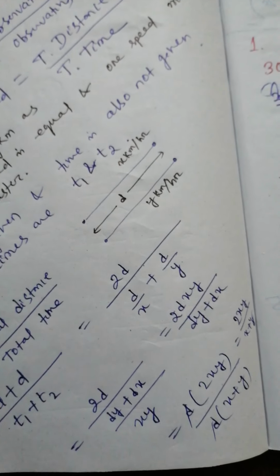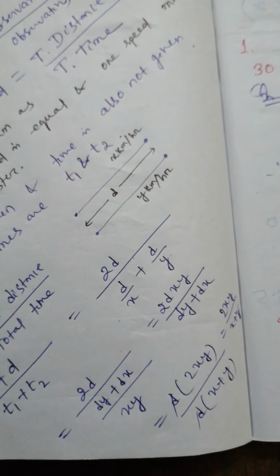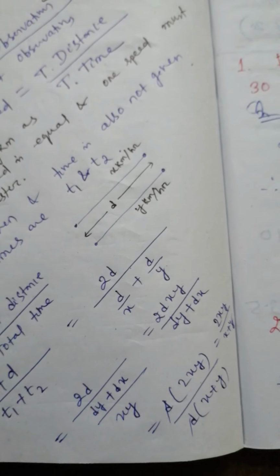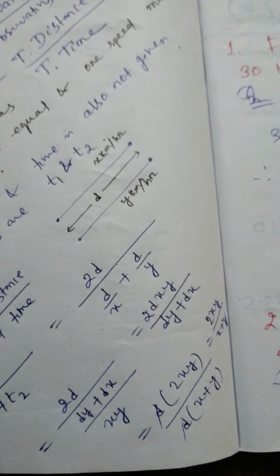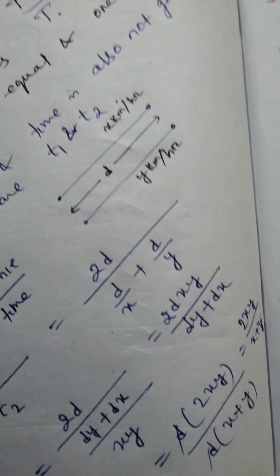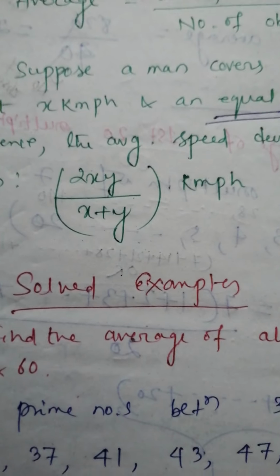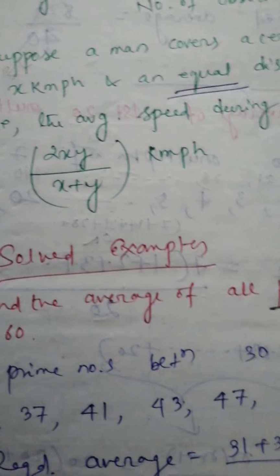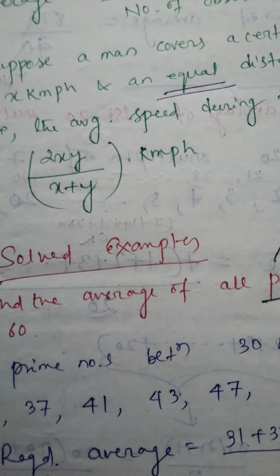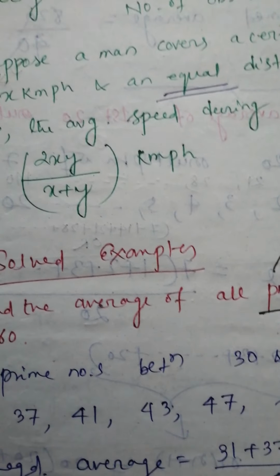By solving this we proceed like 2d divided by dy plus dx divided by xy and at last we get 2xy divided by x plus y and this is the answer. I think this analysis is very much clear and you will never forget this formula in your lifetime.